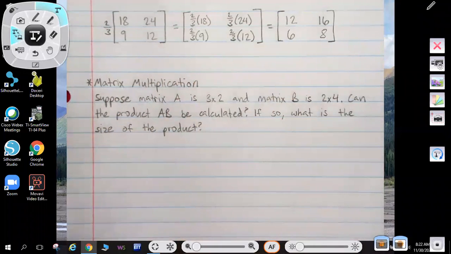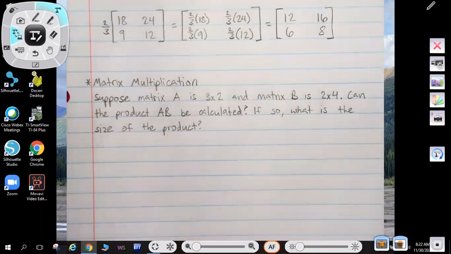Okay, I'm gonna give you guys a second to copy. What is the last word of the first sentence there? Calculated.